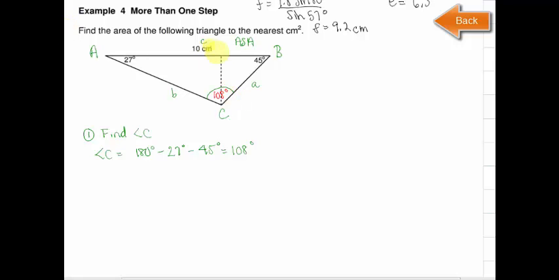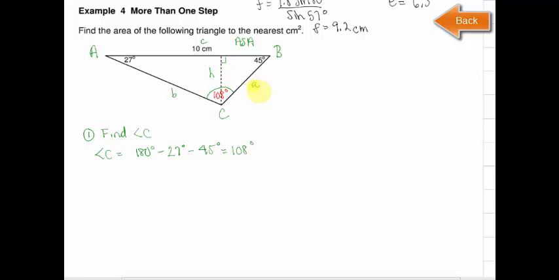Okay, so now I have my side and its opposite angle. And I want to get the area of this triangle. Okay, which means because the formula for area of a triangle is base times height over 2, I need to know what the height of the triangle is, and the height of the triangle happens to be this dotted line right here. So there's a couple of ways I could do that.